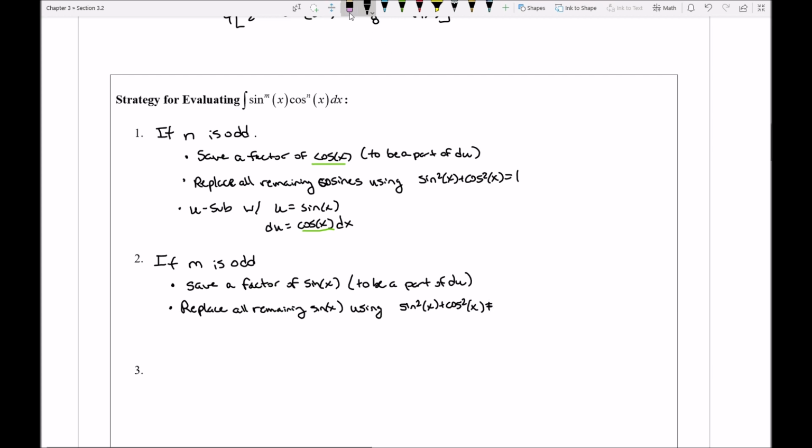Oops. That's going to look like not equals, so let me adjust that. Equaling 1. And then I could go ahead and perform a u sub.